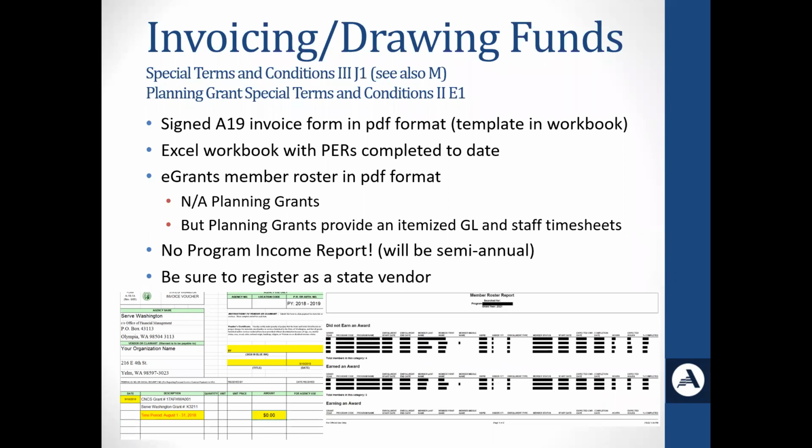You can see the images at the bottom: the A19 invoice is the picture on the left, and your roster report looks like the picture on the right. And if you're ever wondering, we have a section in the special terms and conditions that tells you exactly what we're asking for. So that's always a good reference.